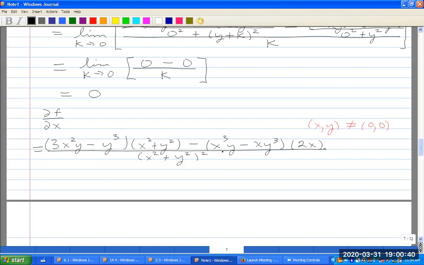Okay, so let me just check that I did this correctly. The derivative of the numerator times the denominator minus the numerator times the derivative of the denominator. Okay.